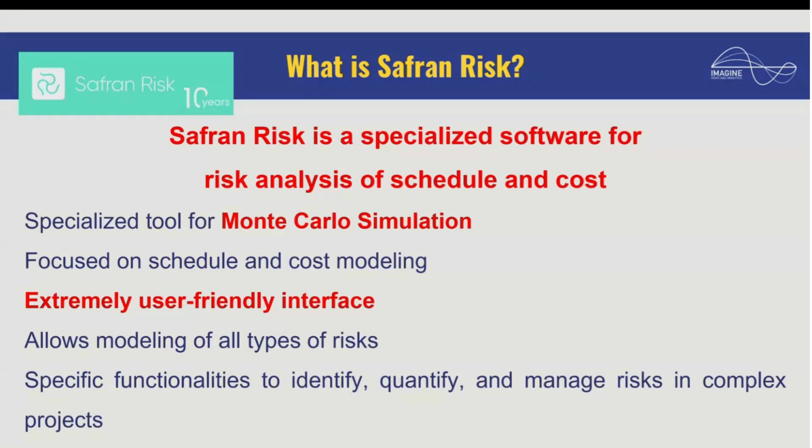We specify the schedule of the project, we specify the costs, other things such as resources, etc. Everything related to the schedule and the cost, we specify that first. Then we list the risks that we believe might impact your project in terms of probability, in terms of impact, in terms of which tasks or which costs will be impacted by that specific risk, okay? And then we run the Monte Carlo simulation.